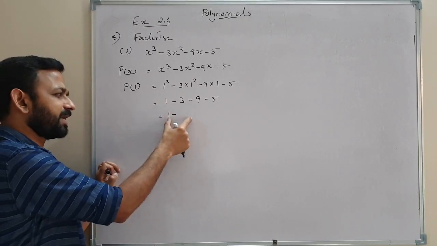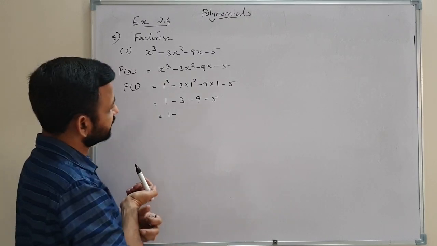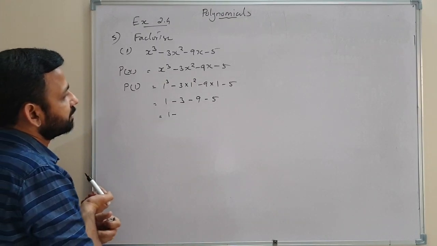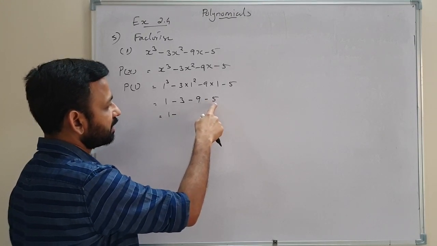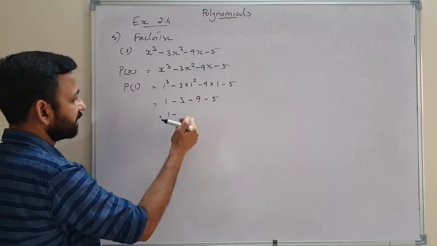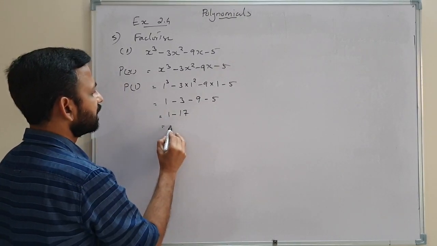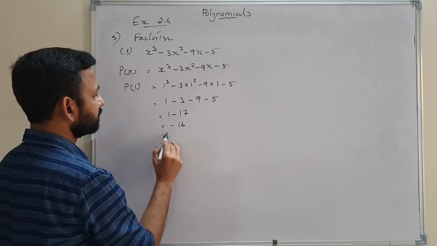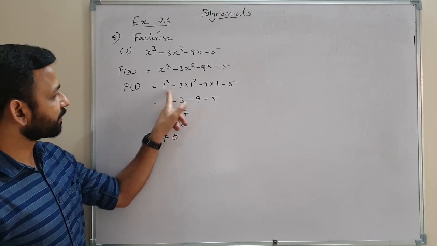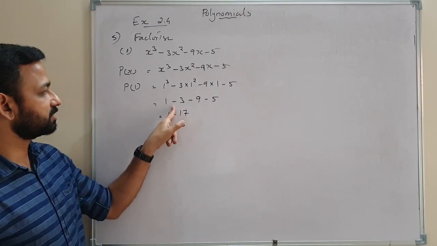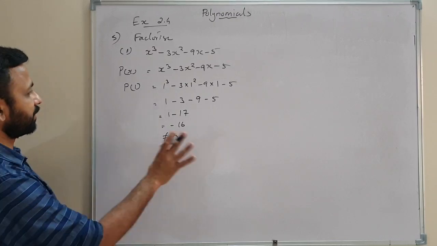You need not find that number; we can directly write not equal to 0. Or you can just find the number: 1 minus 3 minus 9 minus 5, that is minus 16, not equal to 0. Actually, this number is not important here. If you can say this is not equal to 0, then directly you can write not equal to 0.